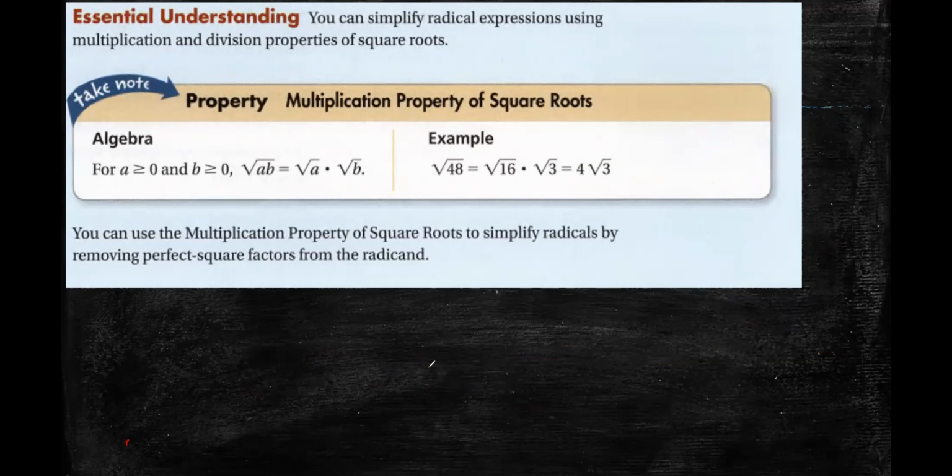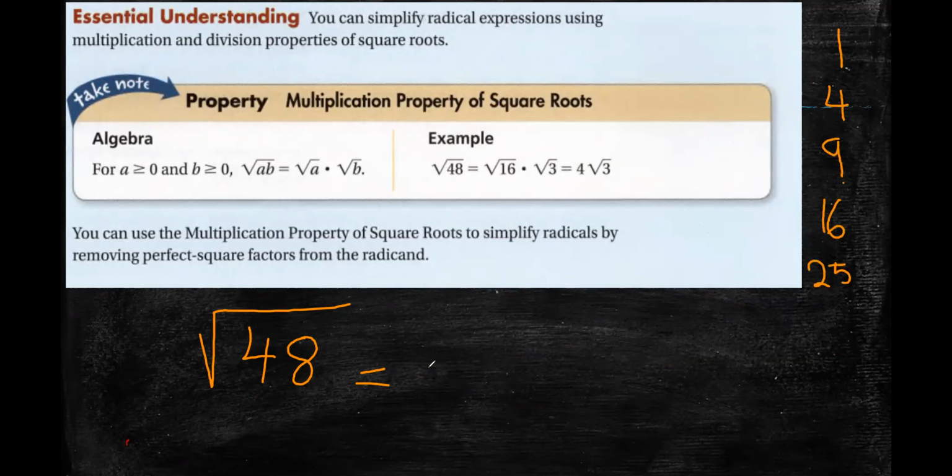Now let's see here, how can we find the square root of 48? To simplify it, what do we have to do? I will factorize number 48, but first I will write here the perfect square numbers. I know that we have 1, 4, 9, 16, 25, 36, 49, and so on.